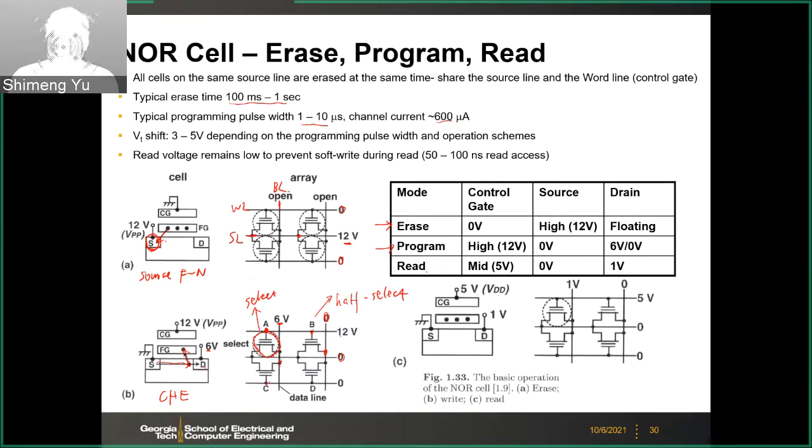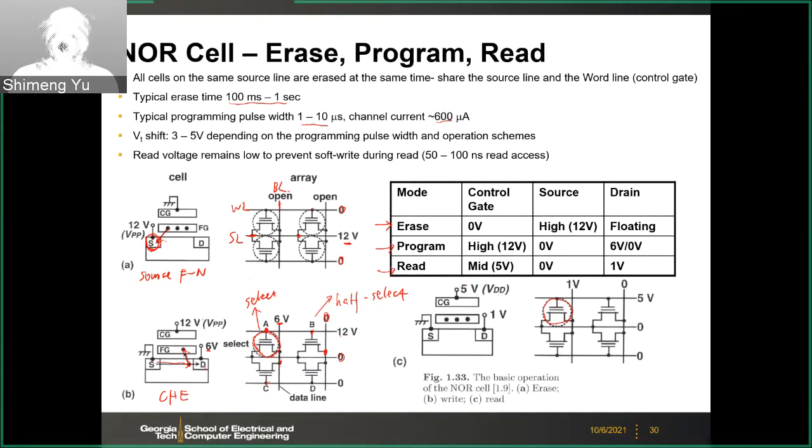And lastly, we want to read out the data. If we want to read, what we will do is to select the cell address, which will determine the cells you want to read out. In this case, cell A is again the selected cell. For the selected cell, we apply like 5 volts.